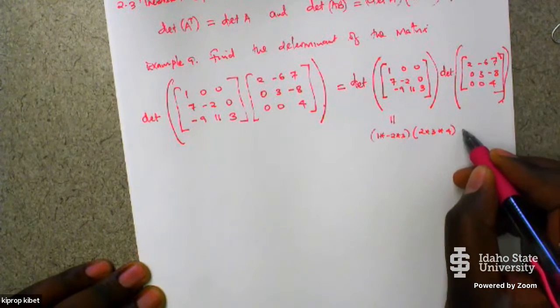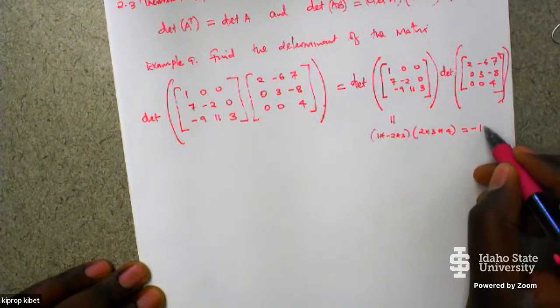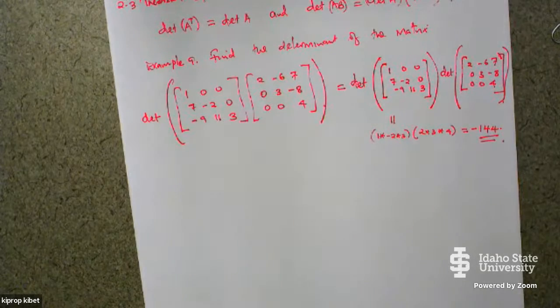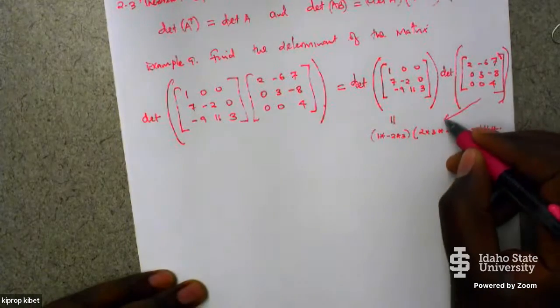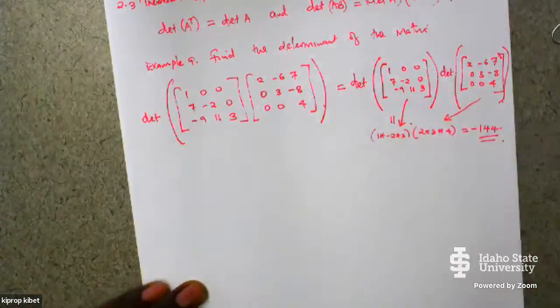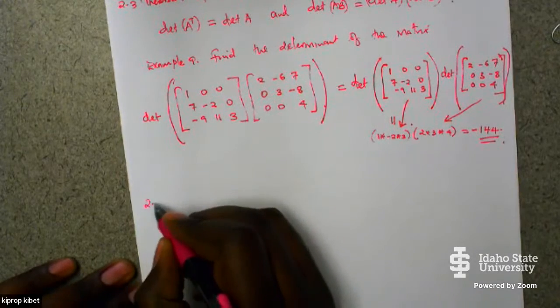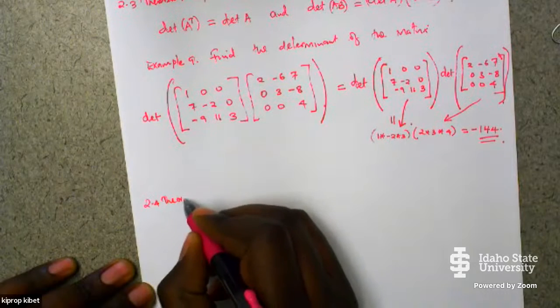And finally, what you get here is -6 times 24, which is -144. So this is for this one and this one.